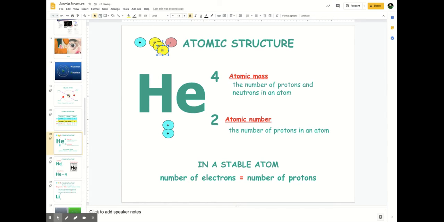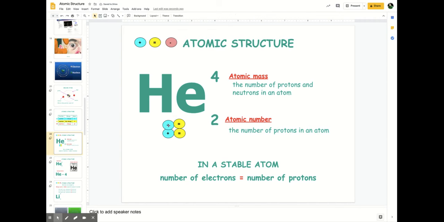As you get more familiar with this, if the entire mass is 4, which is protons and neutrons, and you know from the atomic number 2 that 2 of those have to be protons, then the other 2 have to be neutrons.